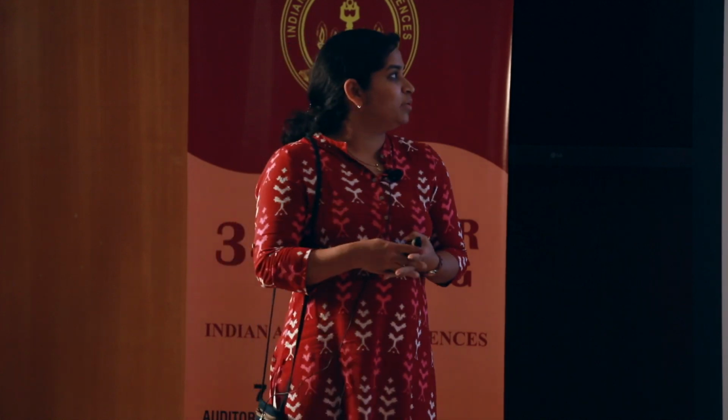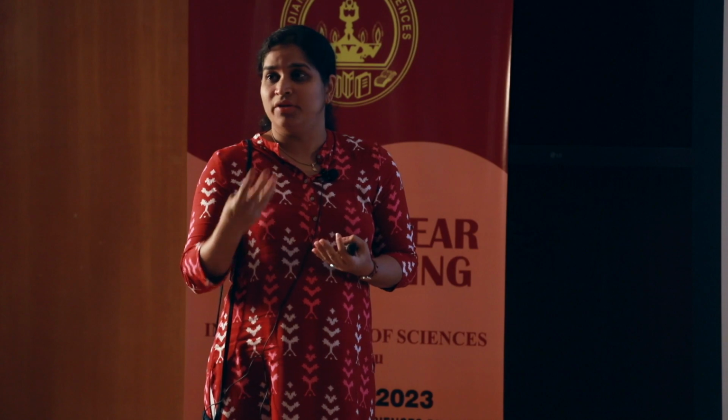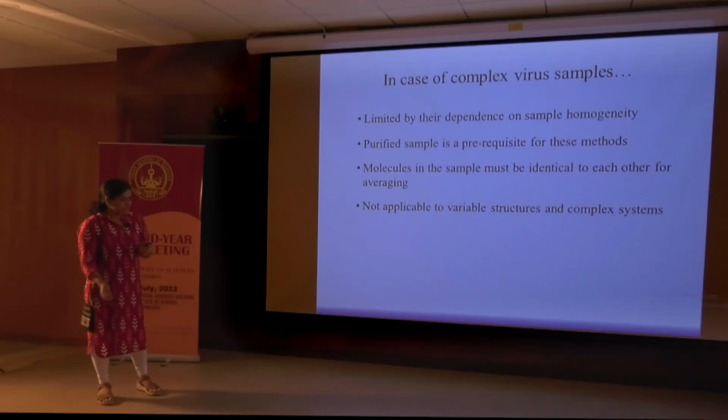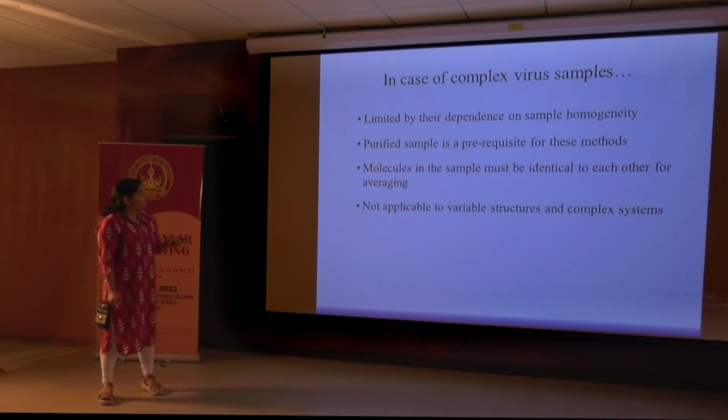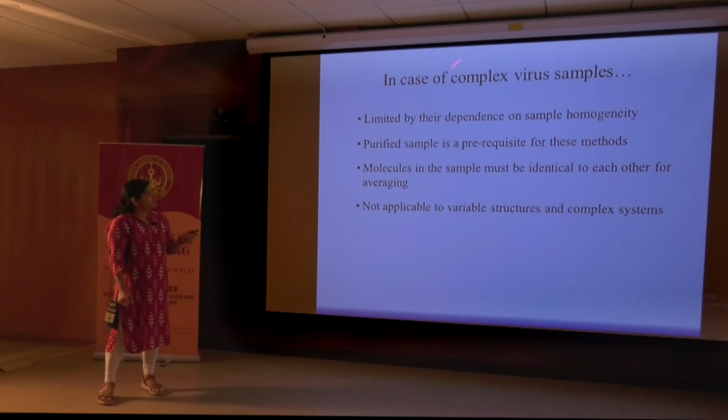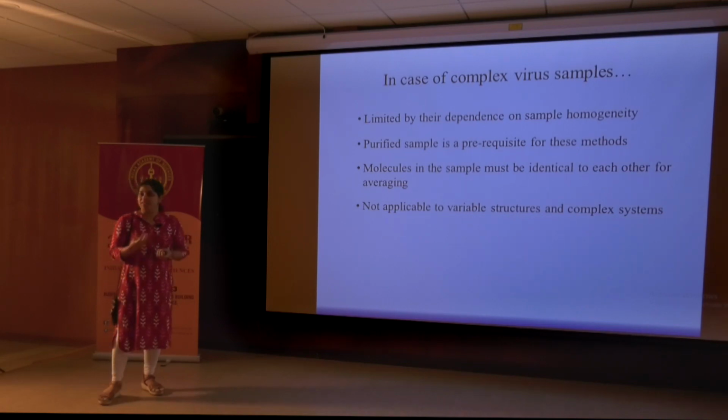So far, we are now in the 2020s, and we already have a lot of information on different viruses and what their structures are. But one thing we still have problems with is that the two techniques I told you about still require the samples to be very pure, because they all require that the samples are very homogeneous. And there is an issue when it comes to complex virus samples.